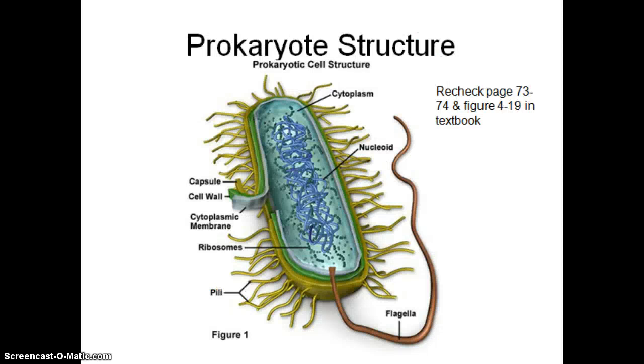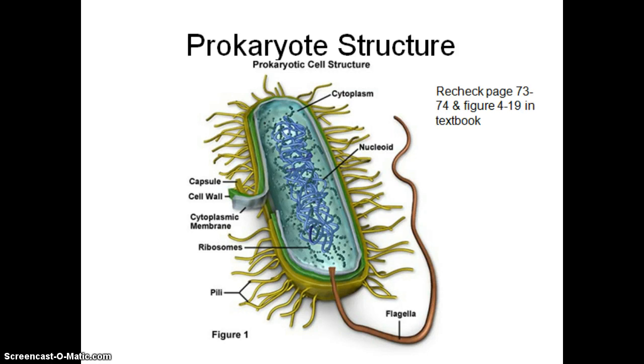The next thing is their structure. Although there's not a classic picture in our textbook in chapter 19, there is on pages 73 to 74. I would recommend coming back to that, because that's when we really started to talk about cells. On page 73 there's a really nice figure, figure 4.19, that shows you something very similar to this.